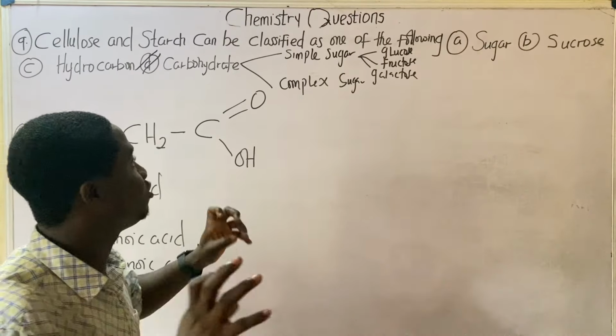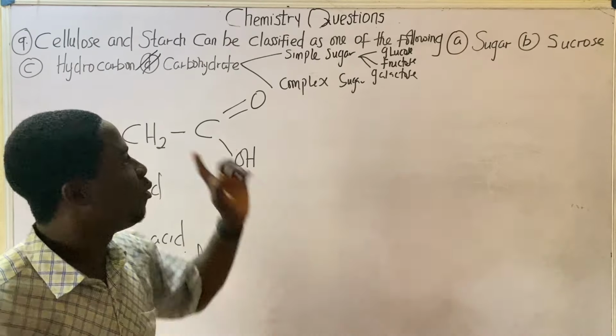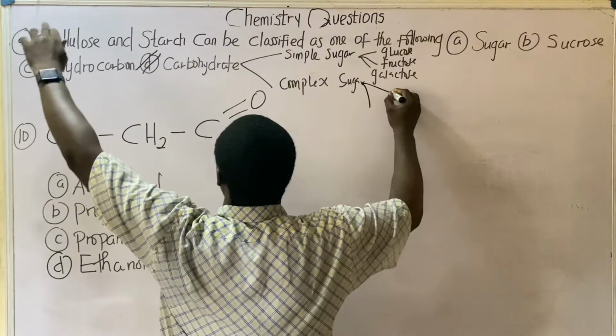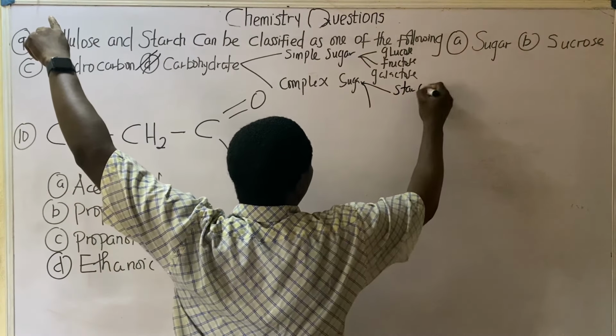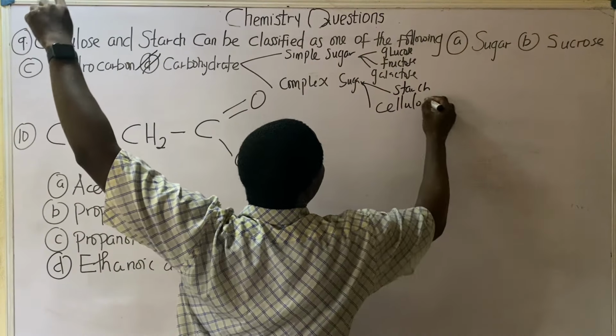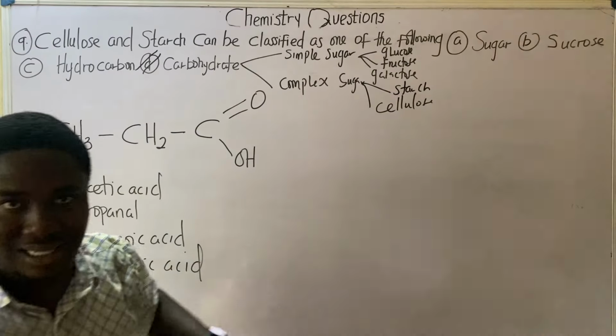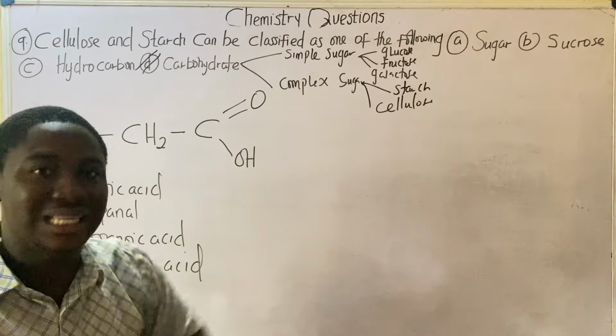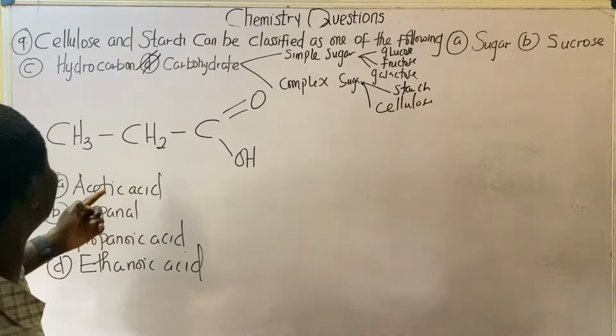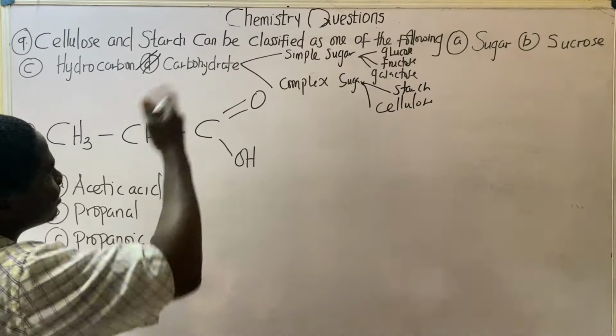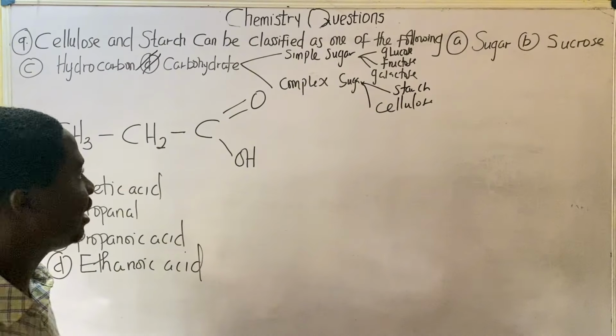All of these are examples of simple sugars. But complex sugars include starch, which we've seen here, cellulose, even glycogen and the rest. Do you understand? Amylopectin, amylose, all of these are examples of complex sugars. So the answer to this question becomes option D. So that's for that.